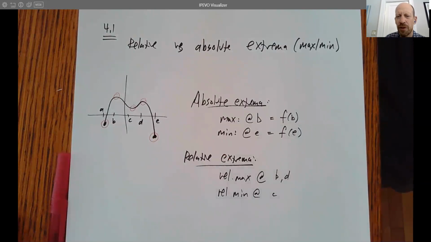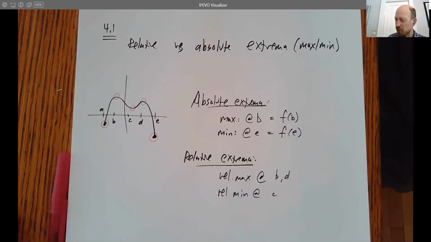And we will use sometimes local is the same as relative, just a matter of, I don't know what day of the week it is or something, right? We use those interchangeably, relative and local. The big distinction there, of course, is that for relative extrema, we need to be able to look at both sides, and absolute extrema is just any value.